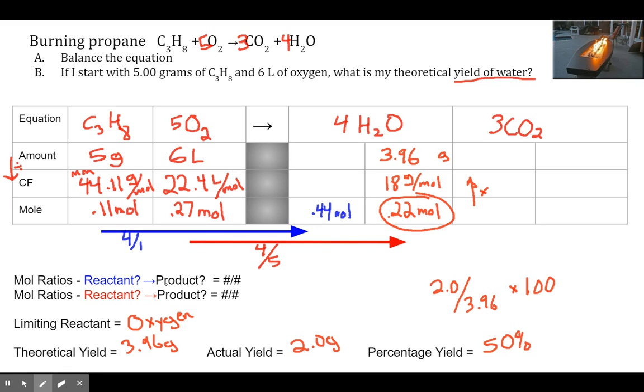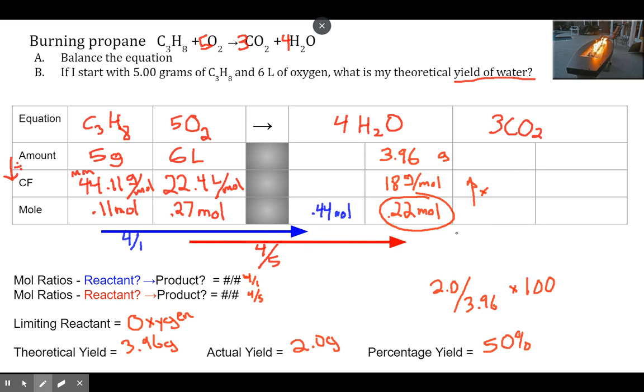And so that's how you would calculate that as well. Again, remember that these numbers here, the blue one is 4 over 1. That's what this would be here, 4 over 1. And then this mole ratio going from the other reactant is 4 over 5, just again, so we know what those mean. So if you see a slide like this, you know how to fill those out. Obviously, I wrote everything in here by hand, and you can type these things in.